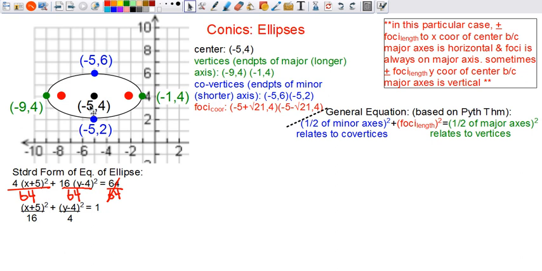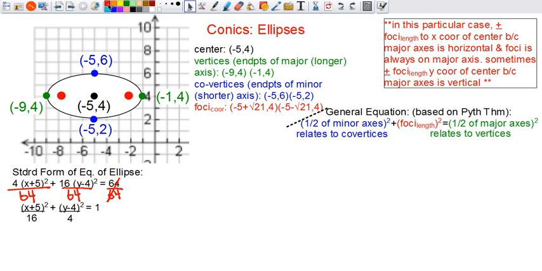So you add 4 to the x-coordinate: -5 plus 4 is -1, and -5 minus 4 is -9. The y-coordinates stay the same, 4, 4, 4. That's how you get the two green coordinates, again because the square root of 16 is 4.